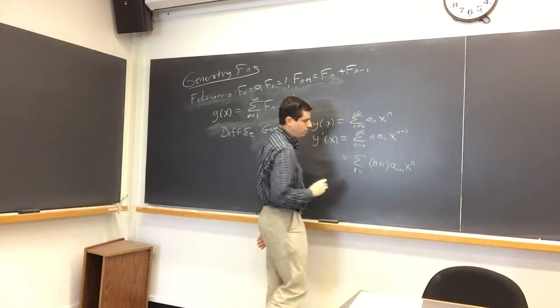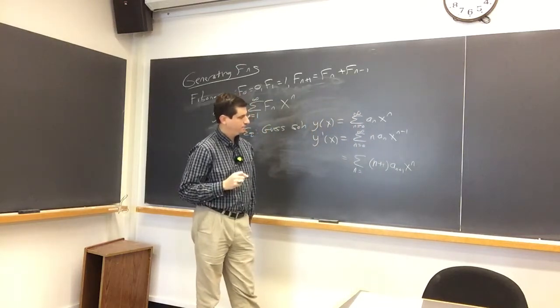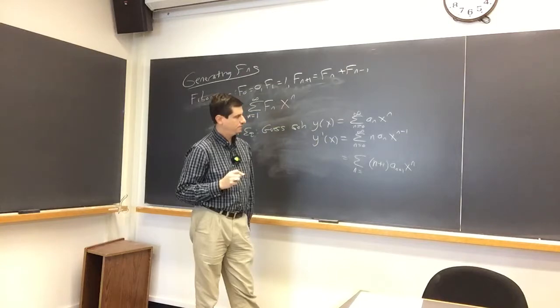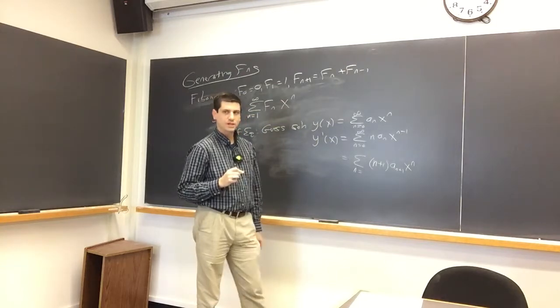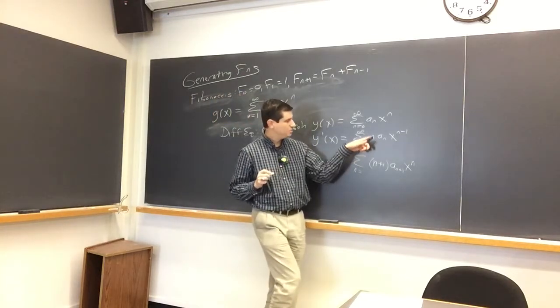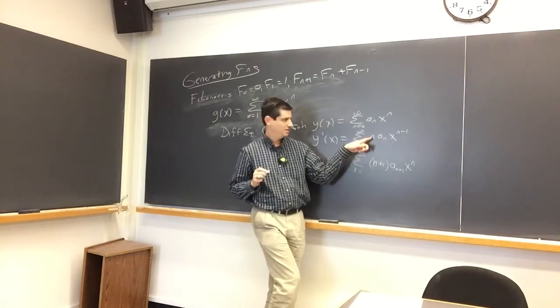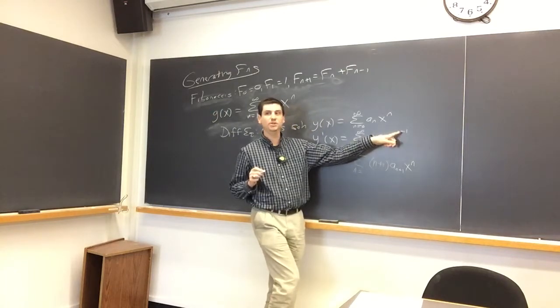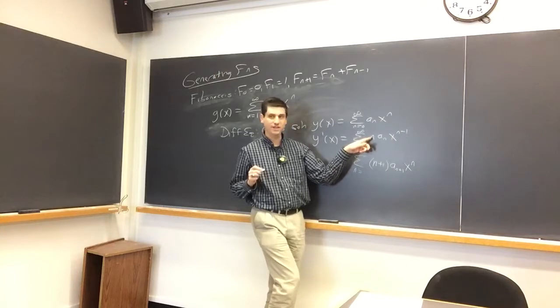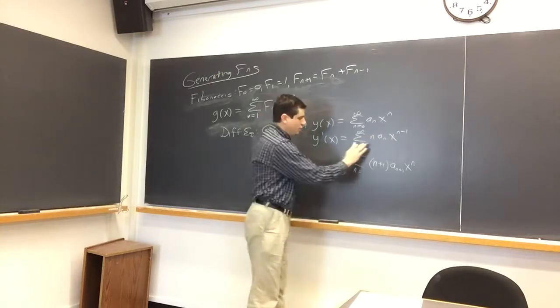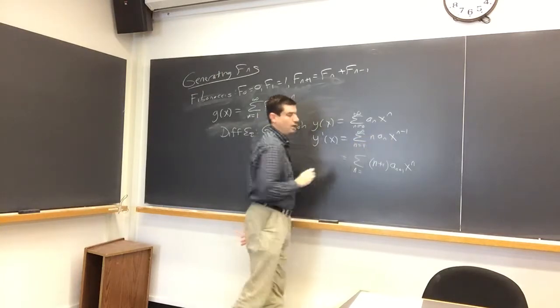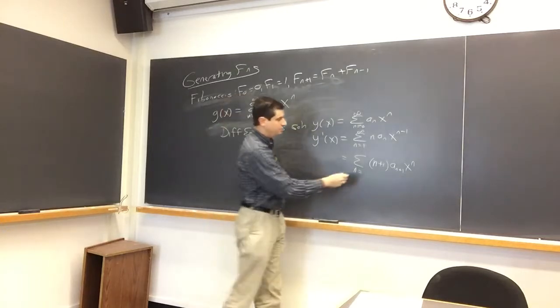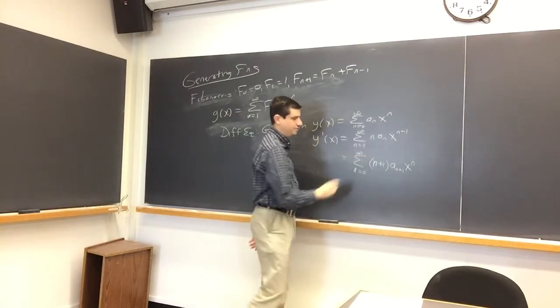And now what would be my range for n? Well, let's be careful. If I take n equals 0, I technically have x to the negative 1. I'm a little bit worried about that, but I've got an n over here. I really have a constant term. So over here, I really should be starting the sum at 1. So I can really start the sum here at 0 to infinity.